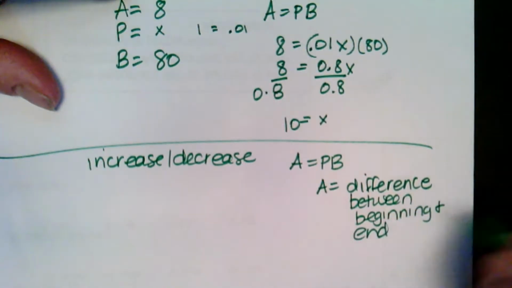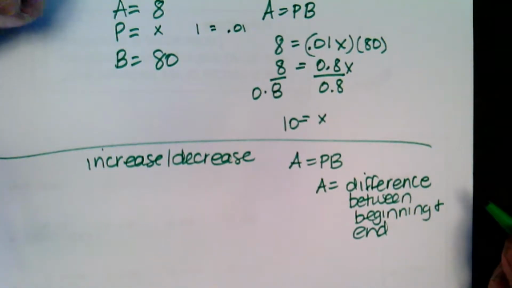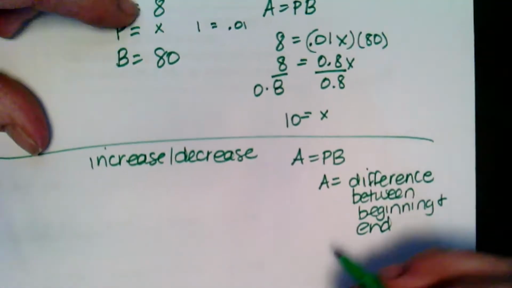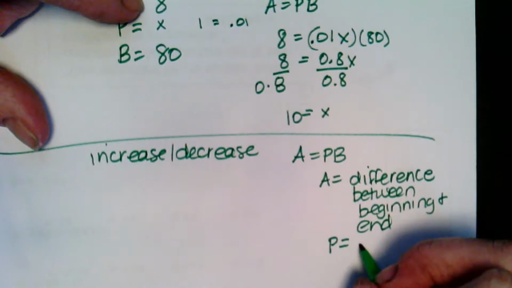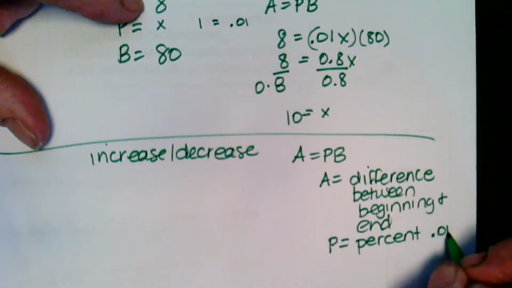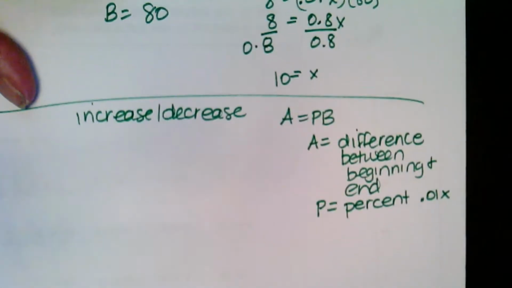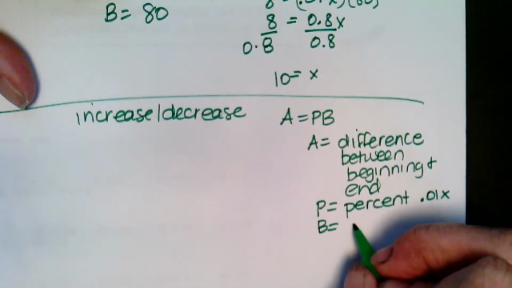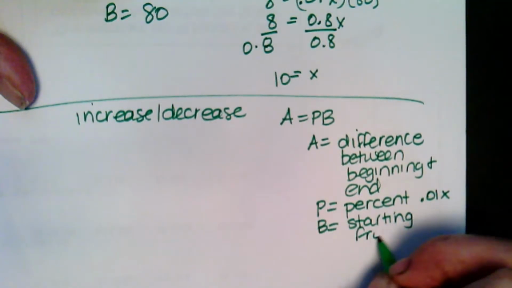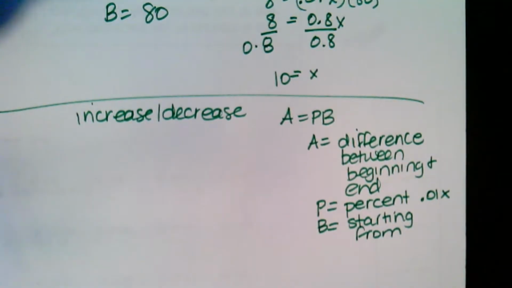So if we start out with 30, but we end up with 20, then the difference between would be 10. Our P is still our percent, and we're going to be looking for that. So just want to remember 0.01x. And then our B is where we're starting from. So again, using the example I just said, if we start with 30 and decrease to 20, our B would be 30 because that's where we're starting from.